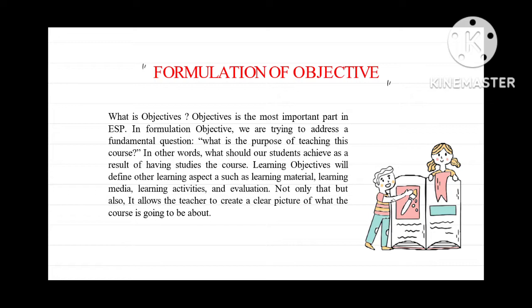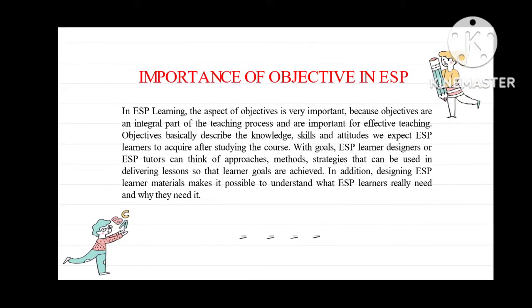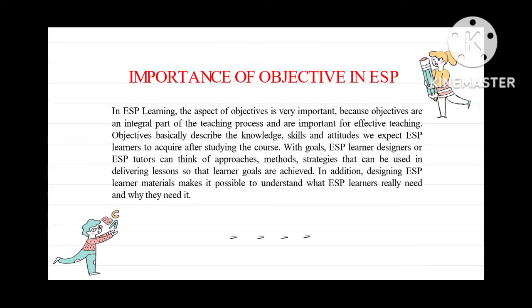In other words, what our students need to achieve as a result of having studied the course. In learning objective, we'll define other learning aspects such as learning material, learning media, learning activities, and evaluation. And it also allows the teacher to create a picture of what the course is going to be about.